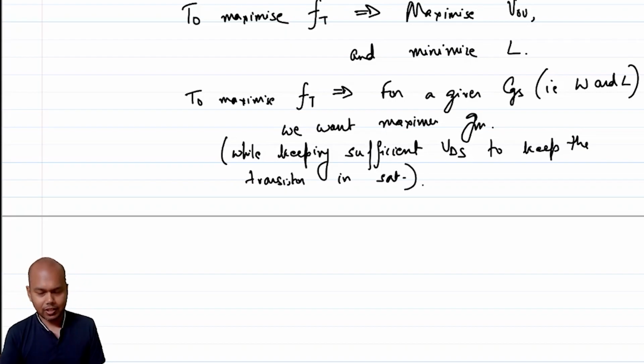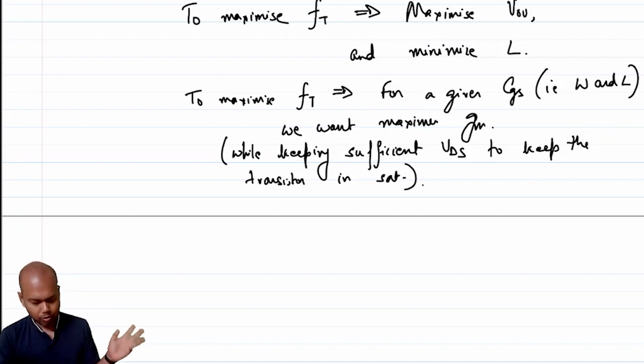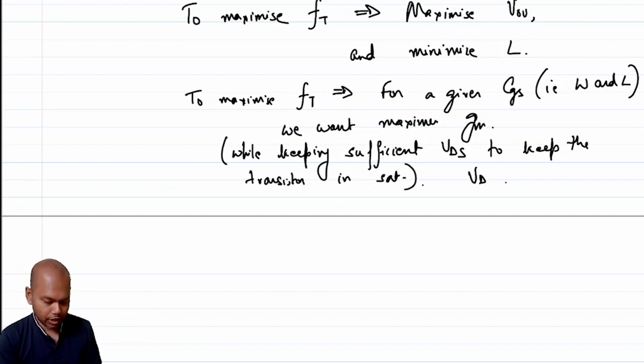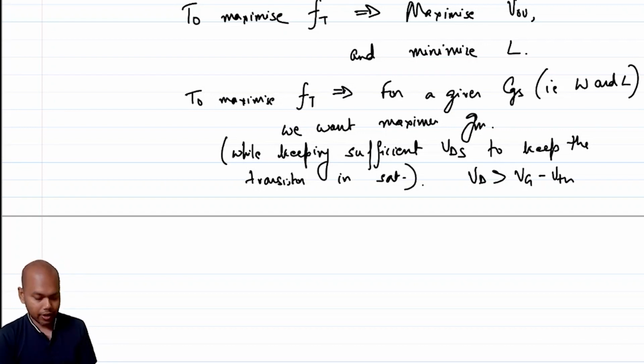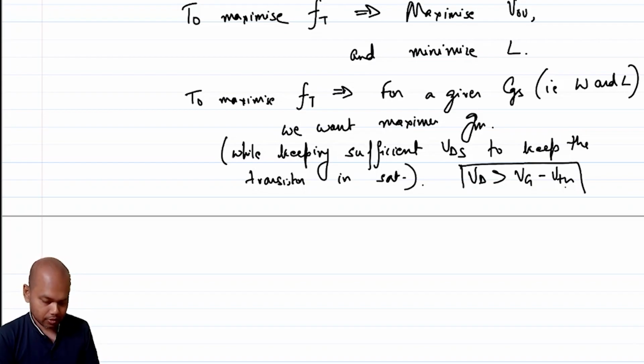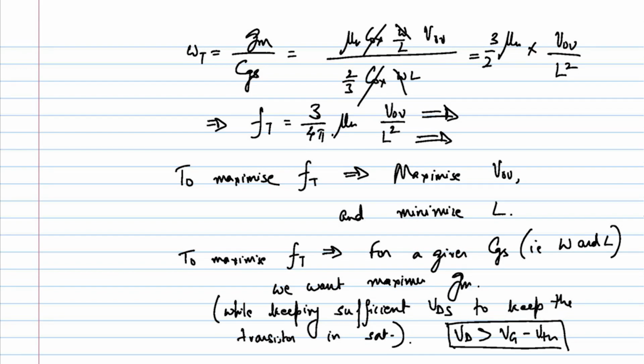Okay, when I say sufficient VDS, if I again go by the long channel approximation, then essentially the drain voltage should be greater than VG minus one threshold voltage. So this you'll have to ensure is simultaneously satisfied.